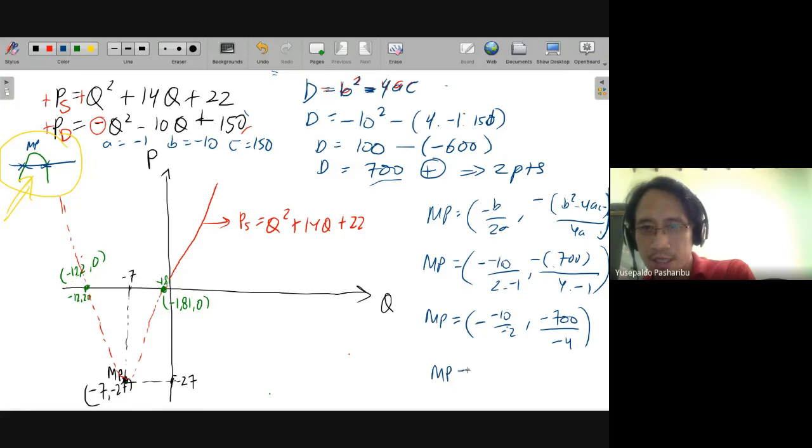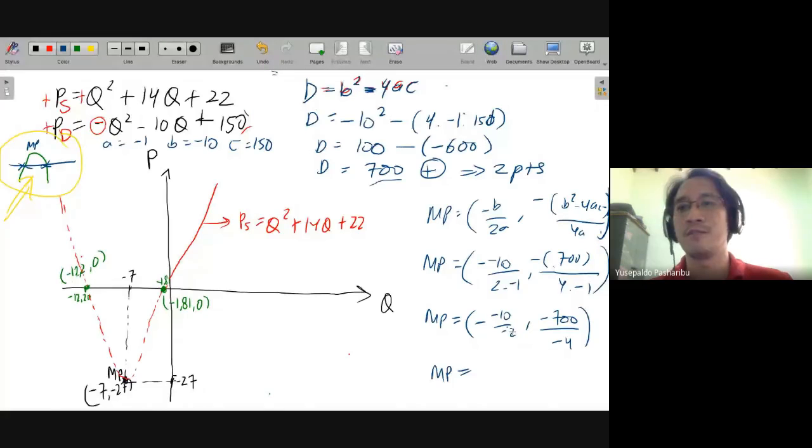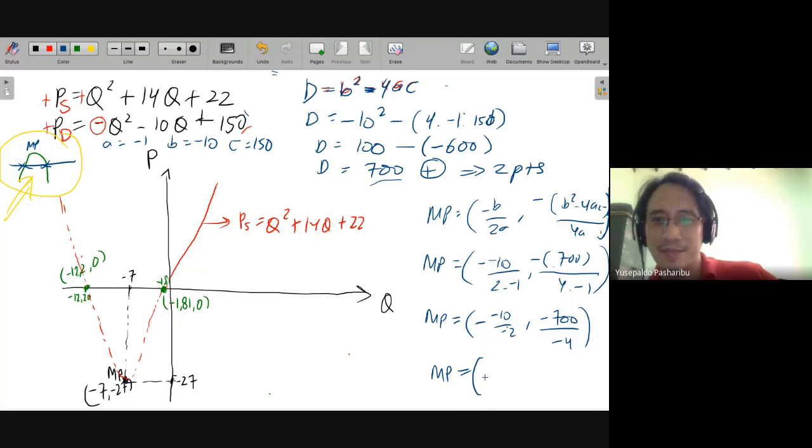The maximum point then is 10 divided by 2, this one is positive 5 and becomes negative because there is a negative in front of the result.